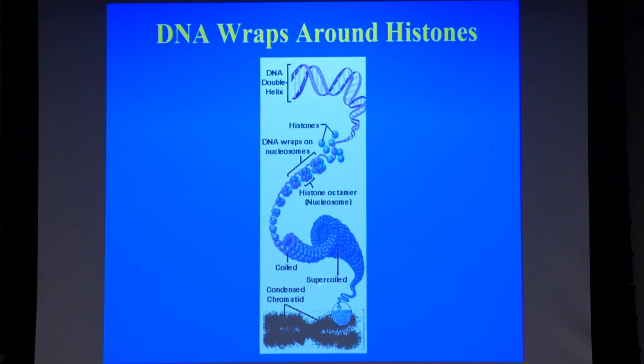This is a chromosome which has been condensed at just the time of metaphase. This is going to break at this point, and this one's going to go off to this cell, this one's going to go off to the other cell. But having said that, this is an extreme case of condensing the DNA into a chromosome.